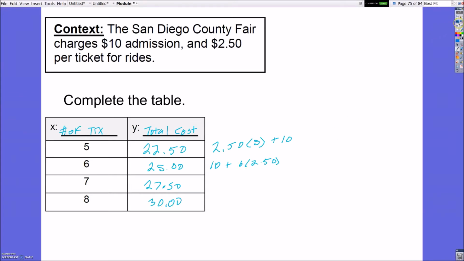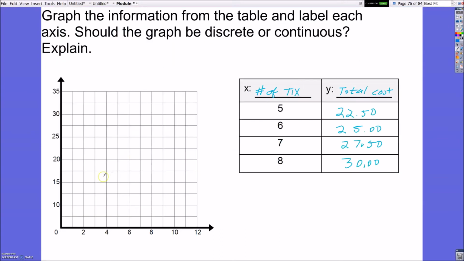So now after we have our table, we can graph it. And remember, we need to label our x's and y's so we know what we're talking about. This is the number of tickets we buy, and this is total cost.